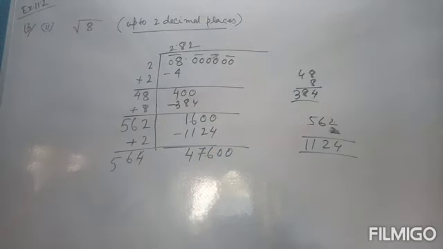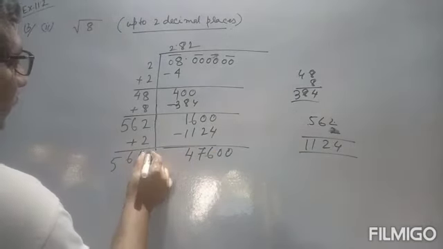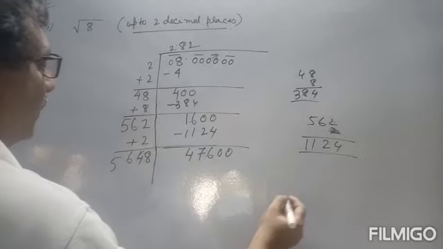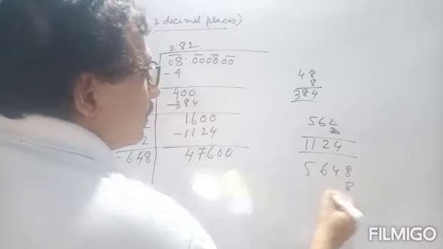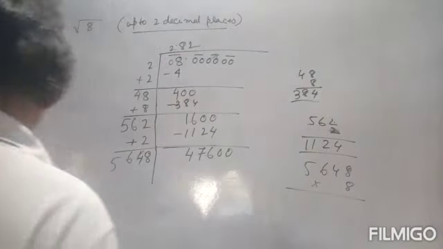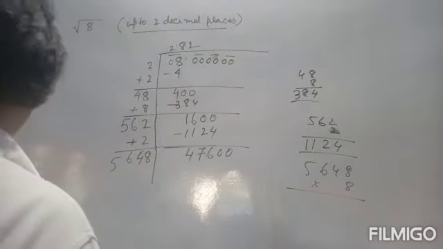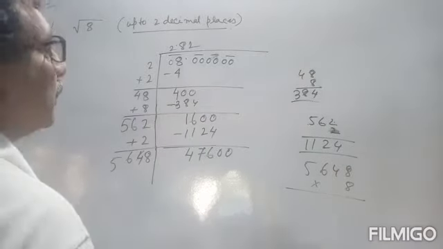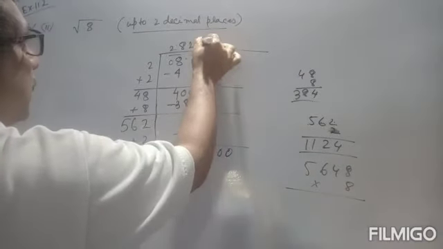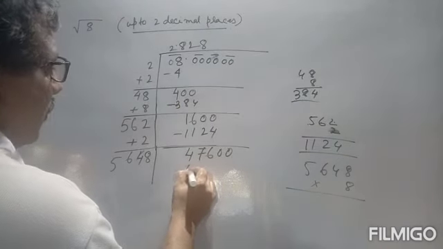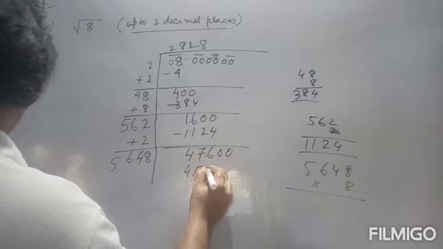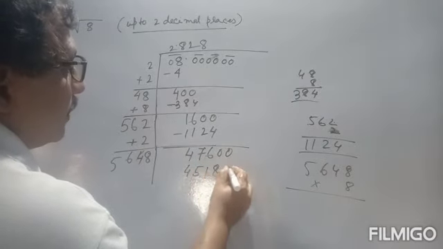Now put here 8. If we put 8 and multiply 5648 by 8, we get 45184.